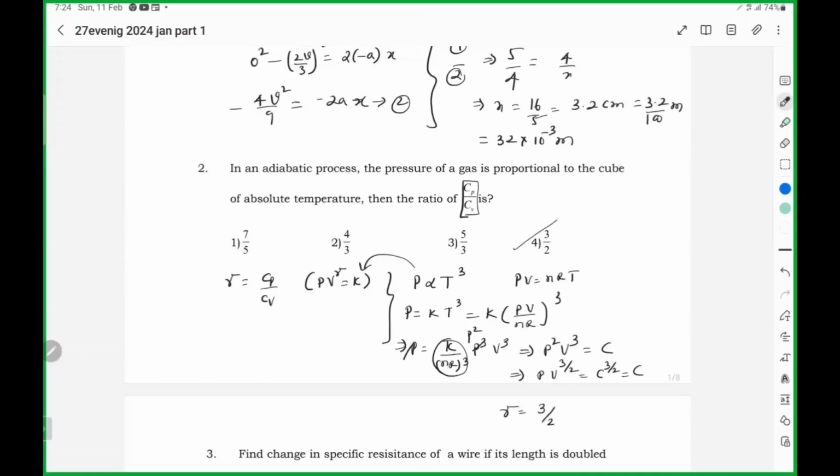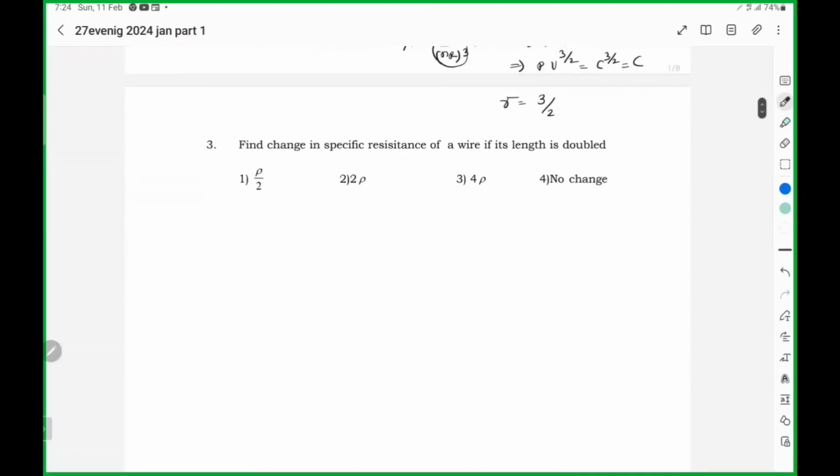Gamma here is 3 by 2. Next, the question is about the change in specific resistance. Don't misunderstand: specific resistance and resistance are different. The specific resistance is denoted with rho.